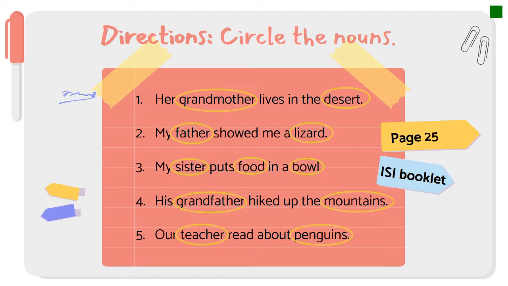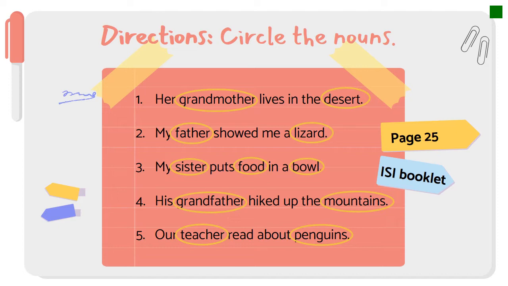Number 4. His grandfather hiked up the mountains. We have the word grandfather, which names a person, and the word mountains names a place. Number 5.